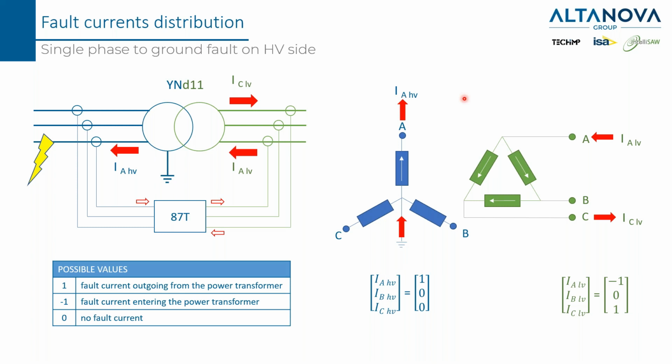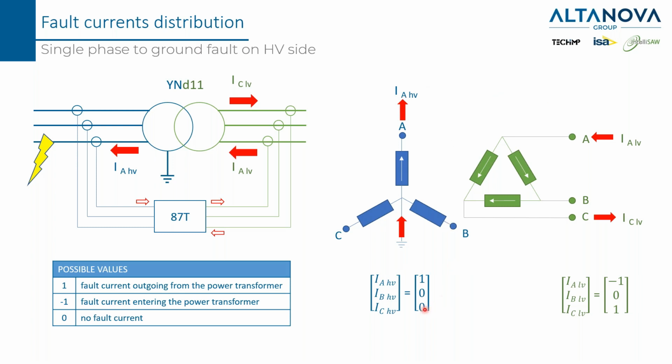In particular, we have to pay attention that we have one current in the high voltage side, and it's also not possible to have only one current in the secondary side. The currents will be two. One is flowing into phase A, and due to the delta connection, one current will flow out from phase C.